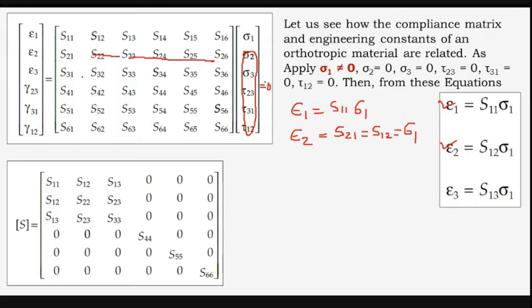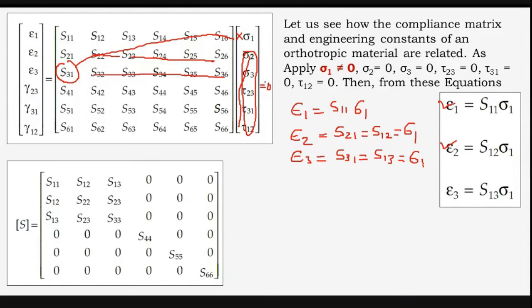The third equation will be how? What will epsilon 3 be? Again these terms will be 0 because they multiply the other stress components. So this will be S31 multiplied by sigma 1. So epsilon 3 will be equal to S31, or it can be rewritten as S13 because this is symmetric, times sigma 1.